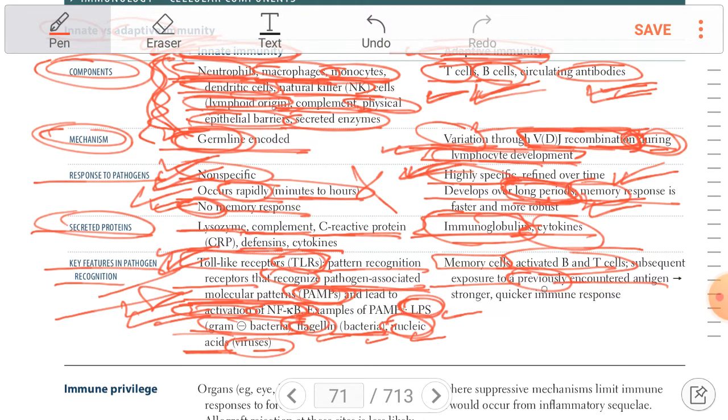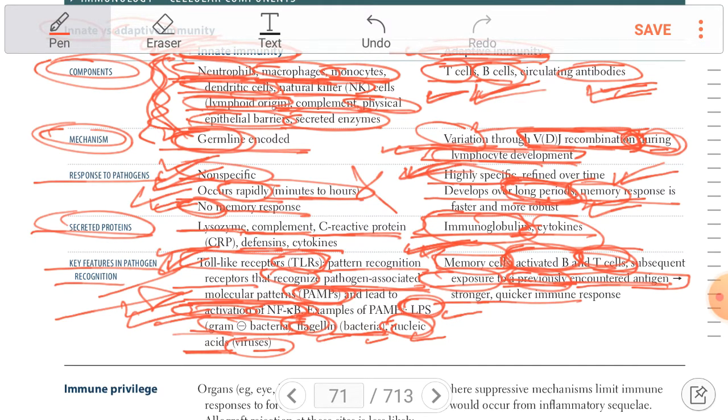Exposure to a previously encountered antigen leads to activation of memory cells in adaptive immunity, leading to a faster response from activated B cells and T cells, and a stronger, quicker immune response.